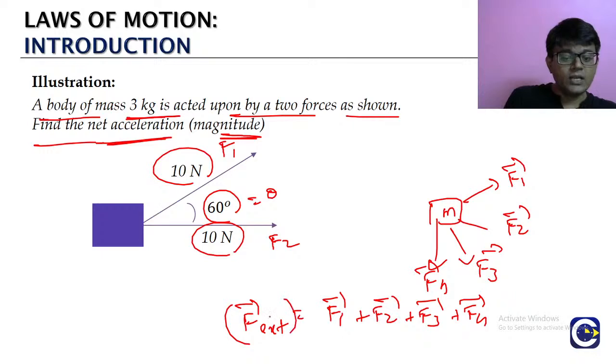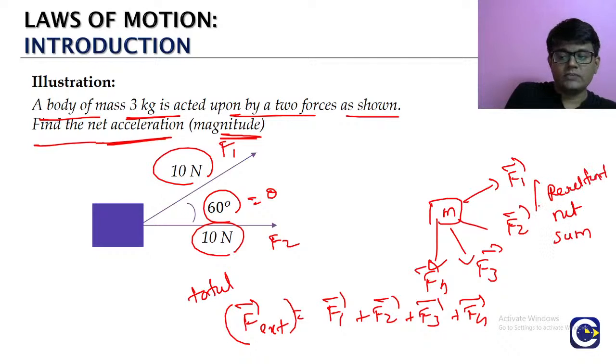That is the total external force. That's why in the statement we say the total external force acting on the body. If there are multiple forces acting, then the total external force is the resultant or net or sum, whatever word we use, of all these forces.